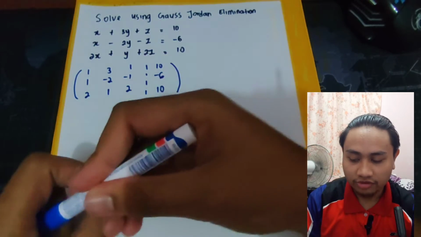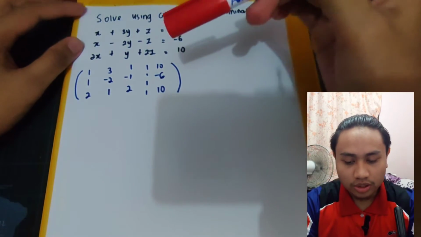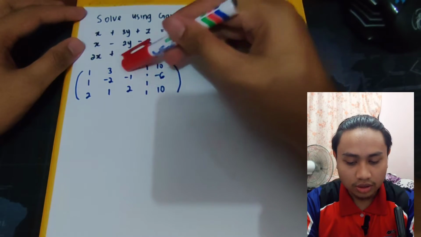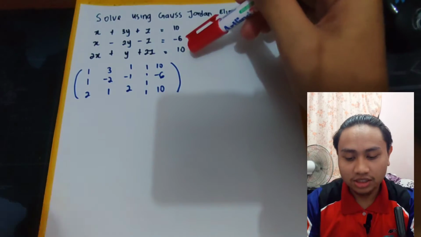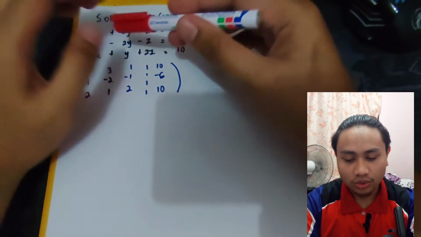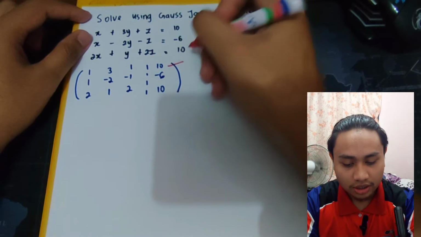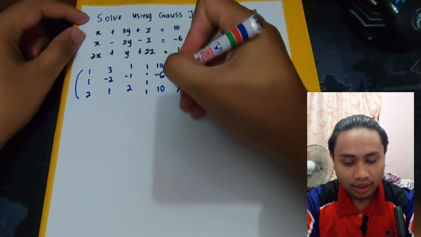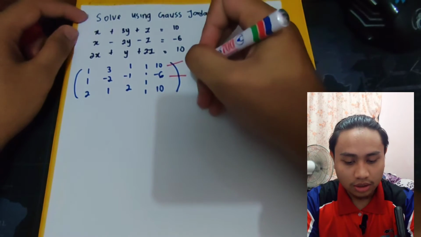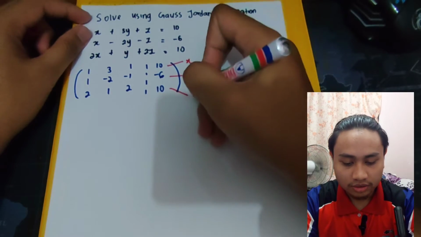Okay, after that we need to solve the method here. Then we can get the answers for the variables x, y, z. Here we will get the answer for variable x, here we represent variable y, and here we will get variable z.